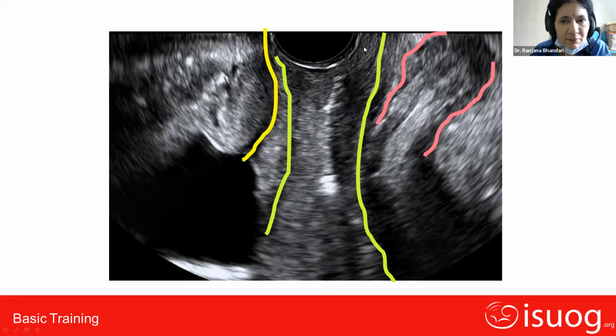This is the level where we are starting our transvaginal scanning, means at the level of the introitus. The level of the introitus is also very important in cases of unmarried females, because in unmarried females we are not able to do the transvaginal probing entering into the vagina. In the introitus, we can easily see this is the urethra leading into the urinary bladder.